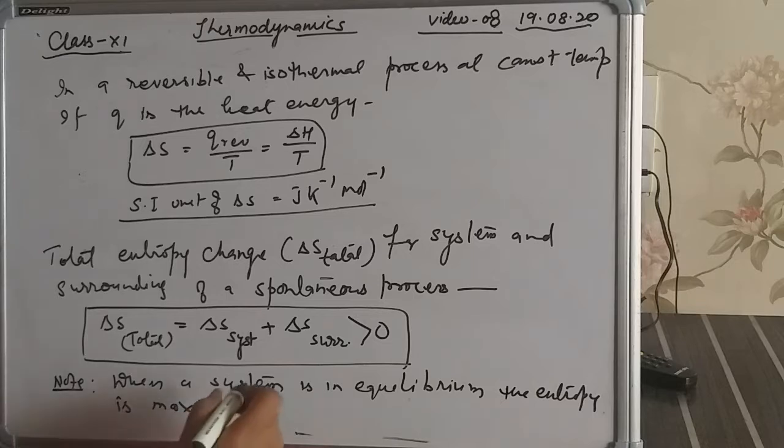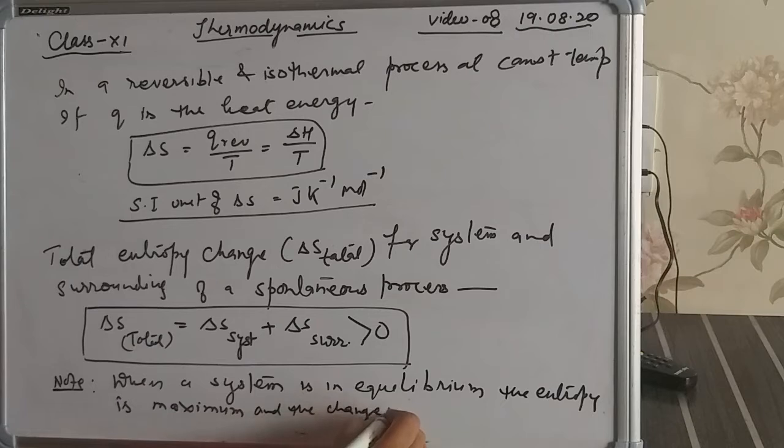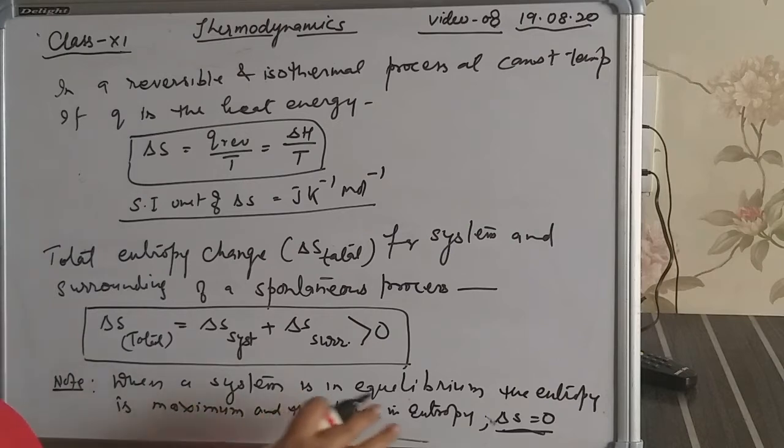When a system is in equilibrium, the entropy is maximum, and the change in entropy is 0. At equilibrium there will be no change in entropy, but entropy is maximum when the system attains the equilibrium.